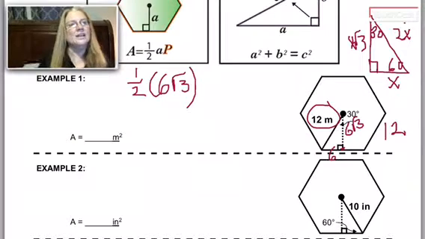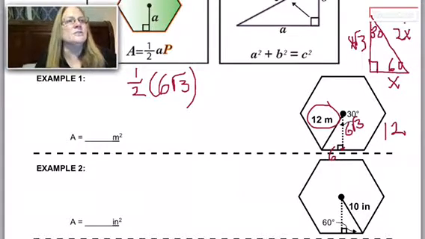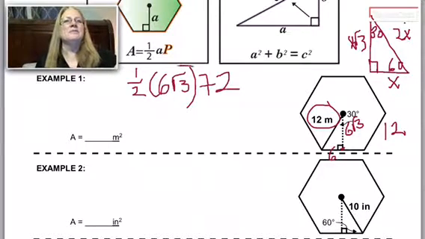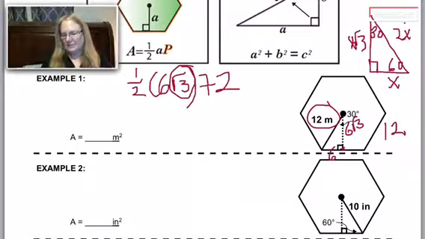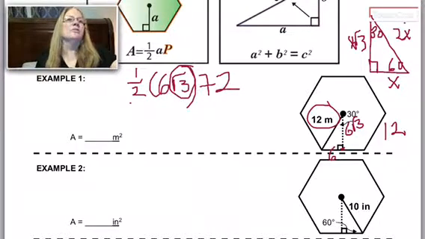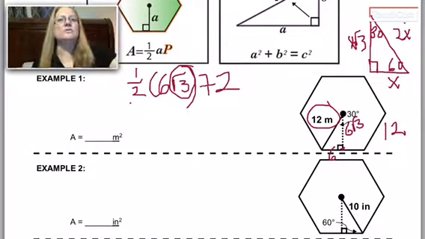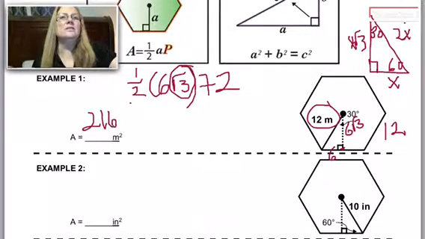Now if each side is 12, you have to multiply 12 times 6, because there's 6 sides, and you get 72. Now remember, leave this out of your calculator, because we want the exact answer. So I'm going to do 72 times 6 times 1/2, or 72 times 3. And that is 216 square root of 3. All right.